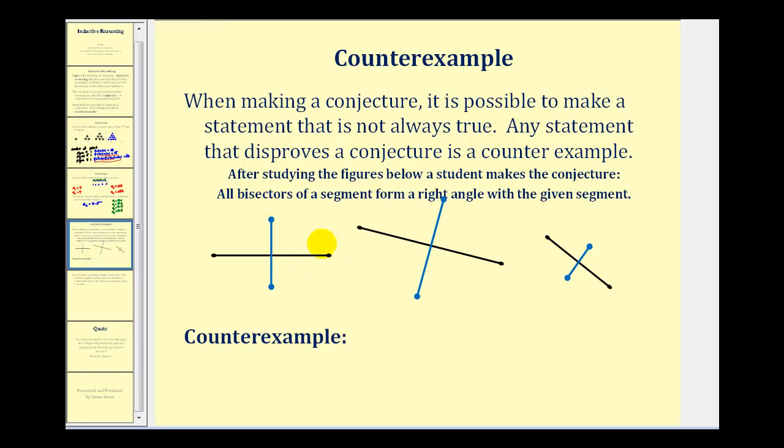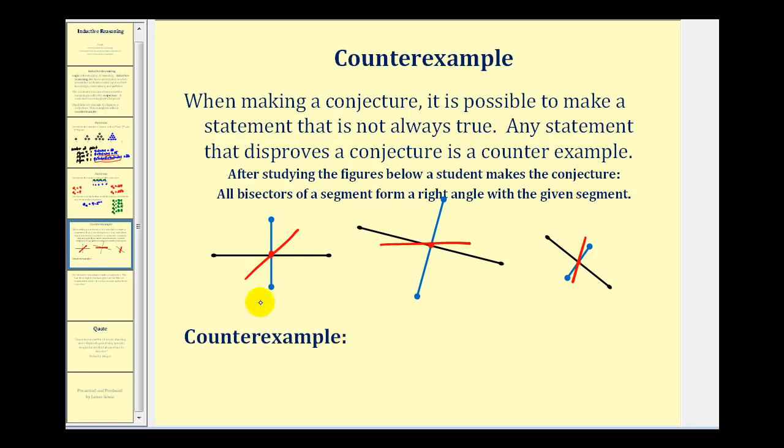So a counterexample for any of these three would be a segment passing through this point here that's not perpendicular to the black segment. This red segment here, here, and here would be three counterexamples disproving this student's conjecture.